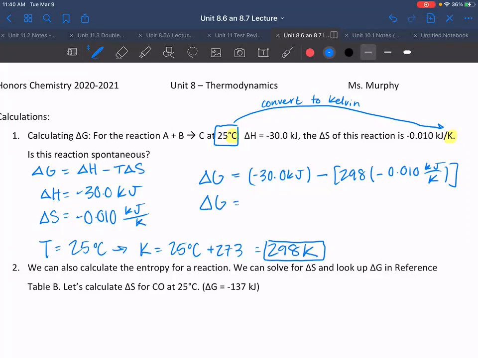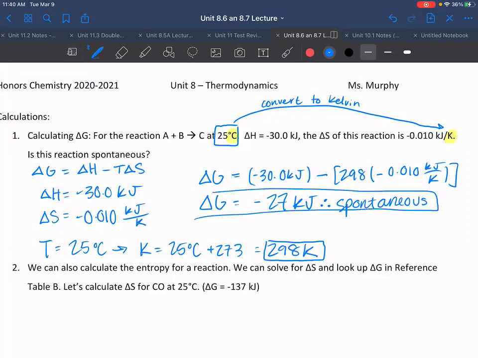Do some magic calculator work, we get negative 27 kilojoules. Is it spontaneous or not spontaneous? Spontaneous because delta G is negative. Any questions about this? Julio.